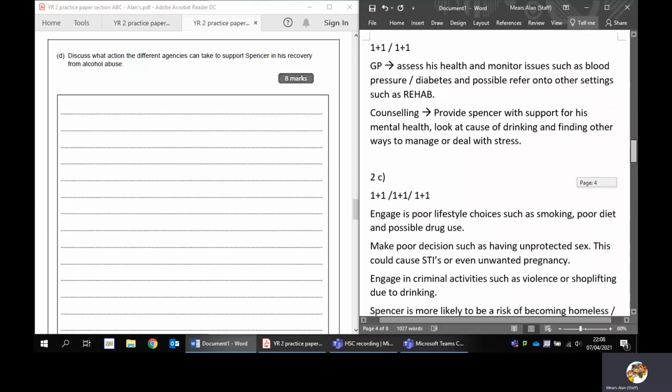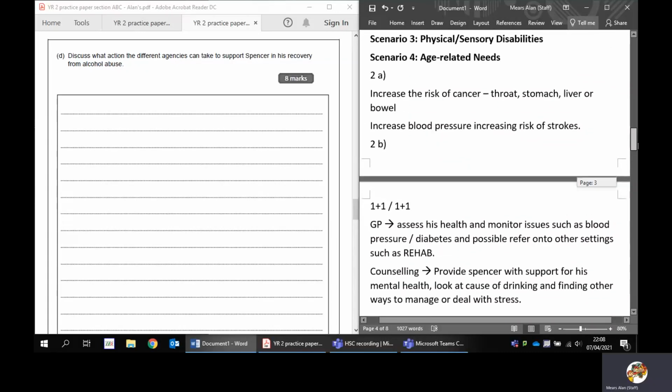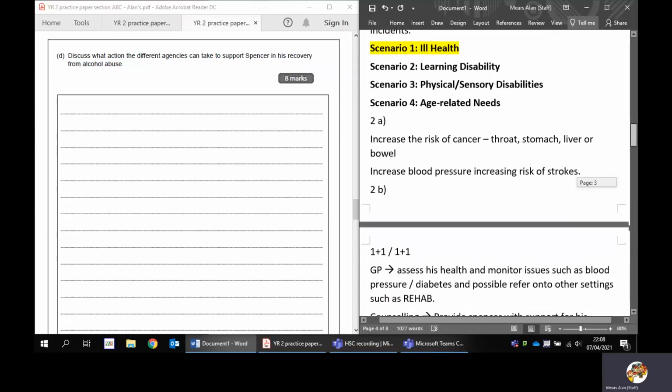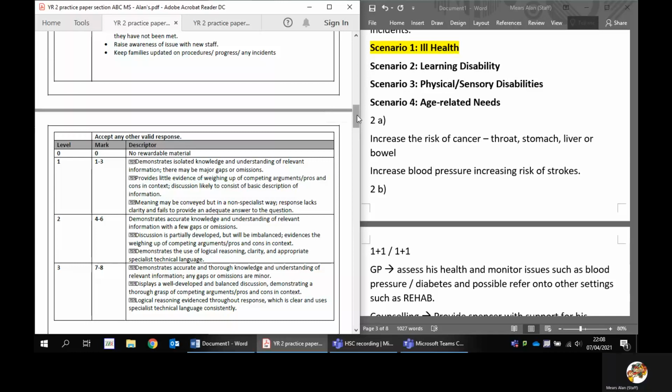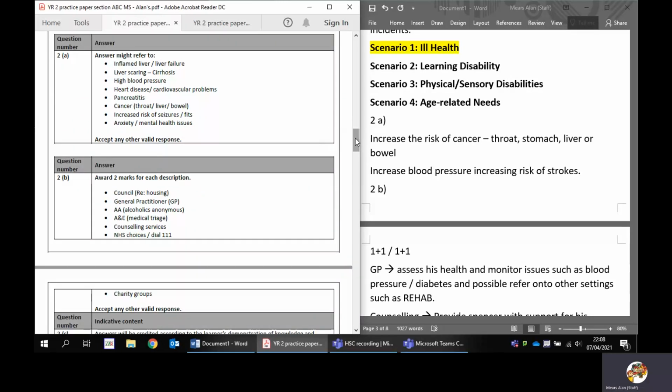So last but not least, the last thing for us to do is just take a look at the marking grid. So the first question is, what were the health concerns? So we said increased risk of cancers such as throat, stomach, liver or bowel, which is on the list, yes. Increased blood pressure and risk of stroke.